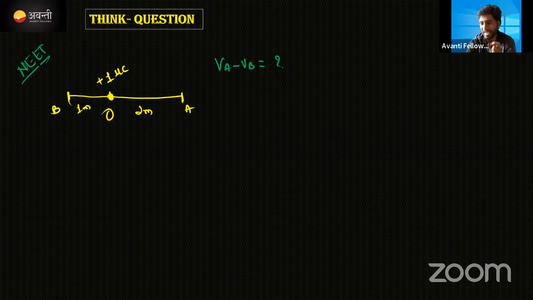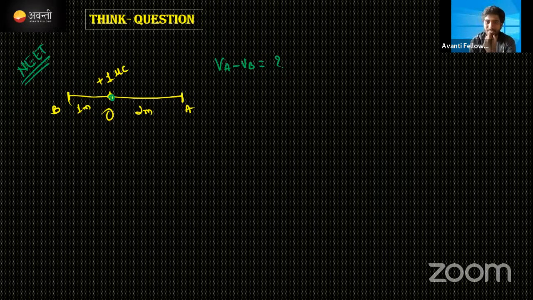Let me know what is the potential difference due to this point charge which is kept at O. How to calculate potential difference, you know, right, guys?